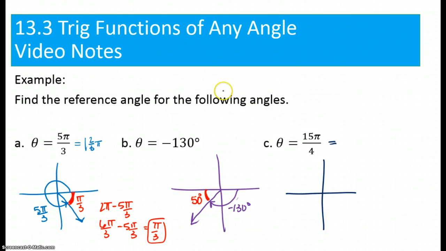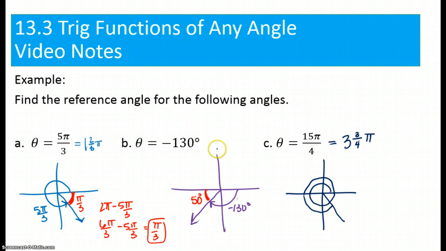It goes in there 3 times with 3 left over. So if I'm going 3 pi, well, that's 1 pi, 2 pi, 3 pi, and then 3/4 more is going to put me right here.